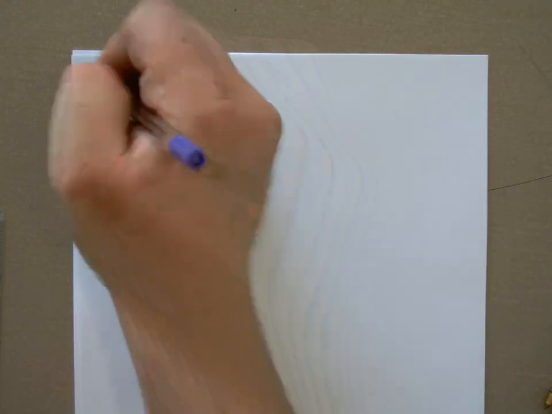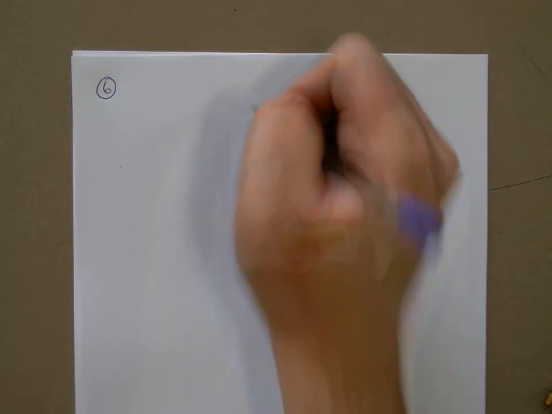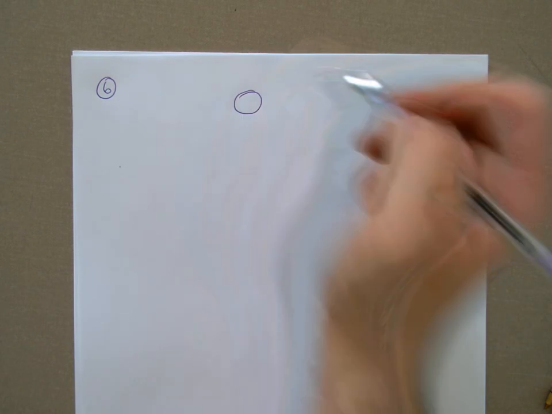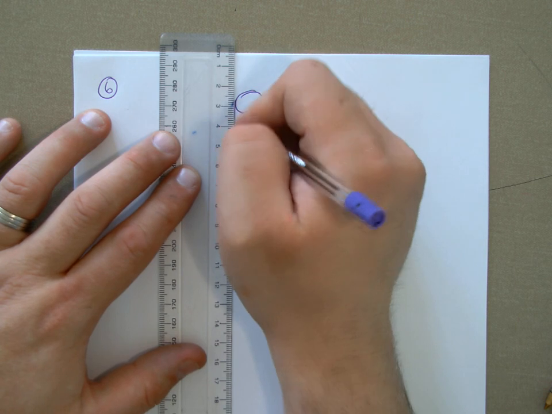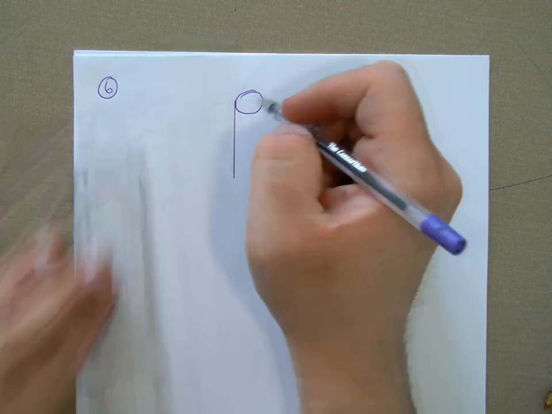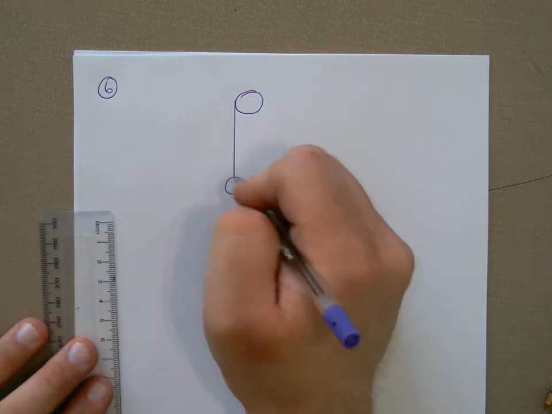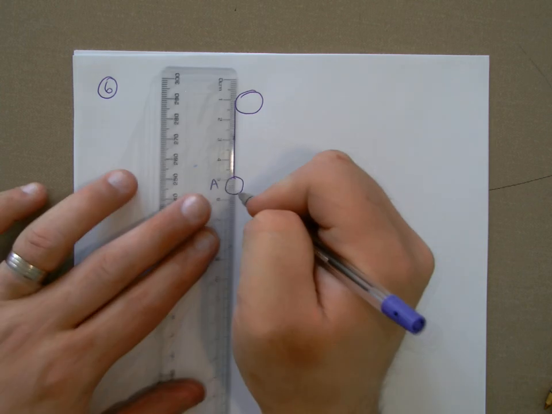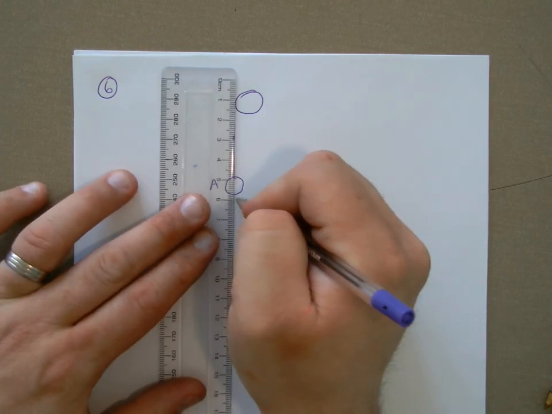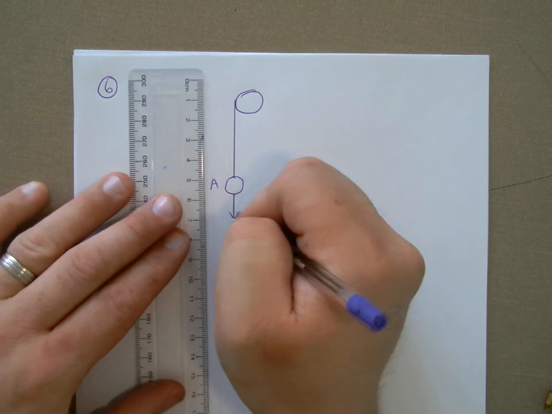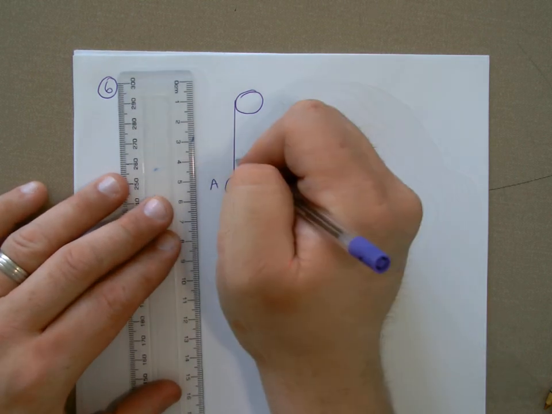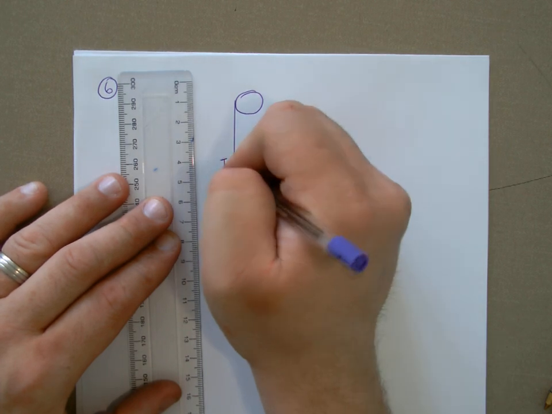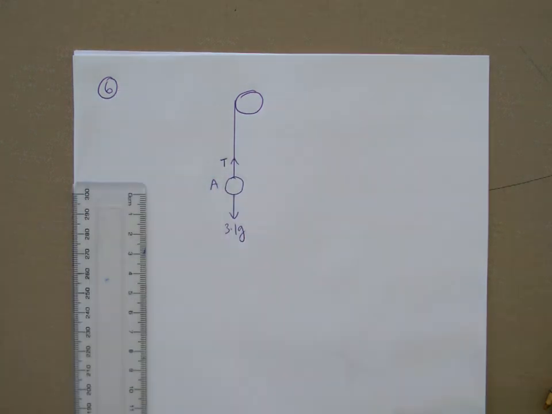Okay, so we've got a pulley system here whereby two masses are suspended on this string system. You've got mass A of 3.1 kilograms, so the weight is going to be 3.1 G, and of course then we're going to have tension in the string holding that mass in place.